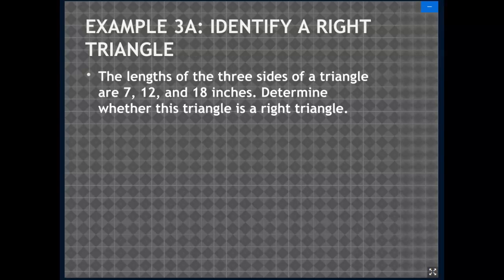So you're given sides 7, 12, and 18. When you're given 3 side numbers, you need to make sure that you always make c the largest of the 3 numbers. So you're determining if 7 squared plus 12 squared equals 18 squared.